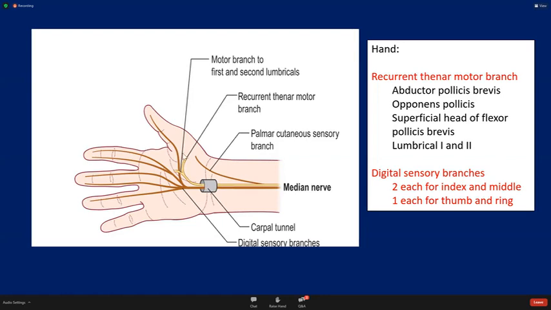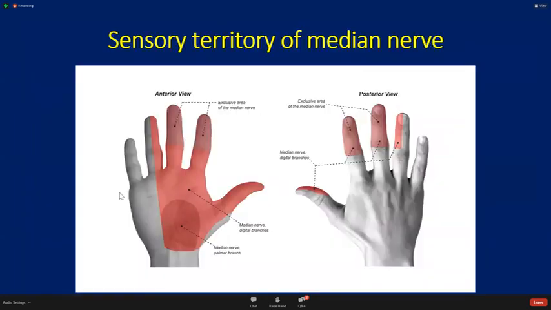So specifically, we have to note here that the palm is supplied by the palmar cutaneous branch, which is given above the level of the carpal tunnel, and the distal branch supply only the fingers. The sensory territory of the median nerve is the lateral 3.5 regions, where we earlier saw the autonomous region. The region which is shaded as a cross-hatching is the region which is supplied by the palmar branch, and this will not be affected by the carpal tunnel syndrome.